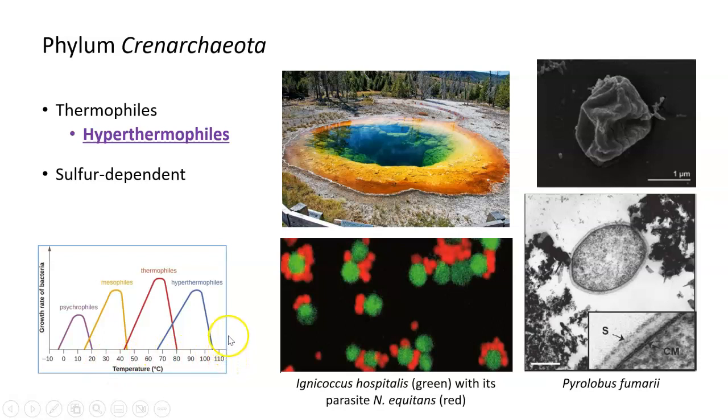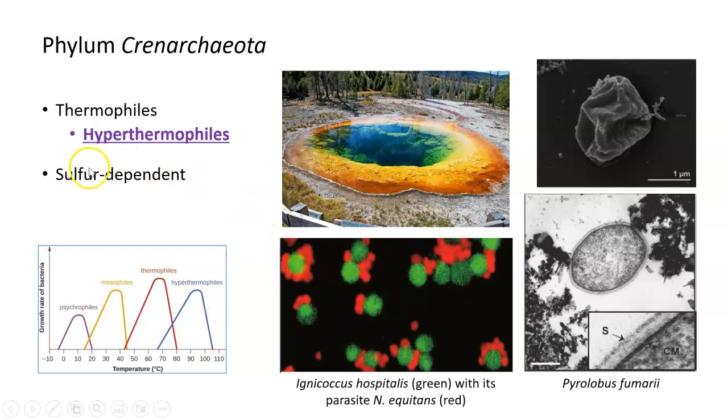The maximal point of each peak would be the preferred growth temperature of a particular group. You can see that the thermophiles and the hyperthermophiles like higher temperatures. Thermophiles thrive most around 65 degrees Celsius, and hyperthermophiles thrive at an even higher temperature of about 95 degrees Celsius. So these guys really like heat.